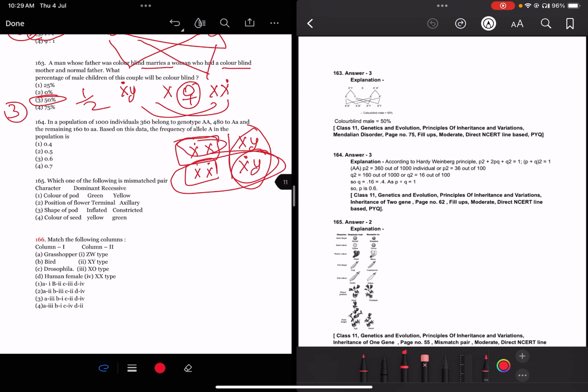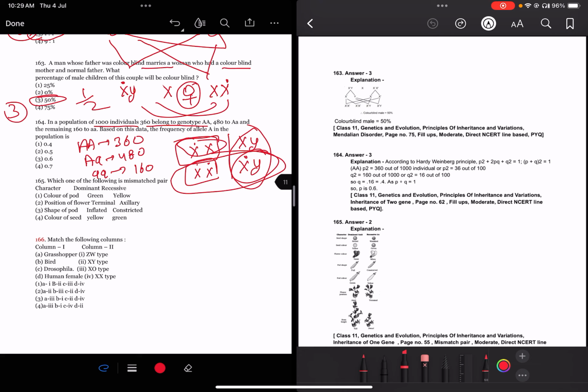Now question number 164. In a population of 1000 individuals, 360 belong to genotype AA, 480 to genotype Aa, and the remaining 160 are aa. It looks like a simple monohybrid problem.